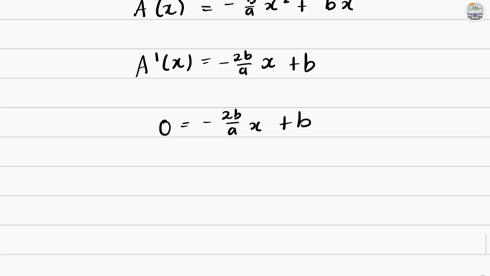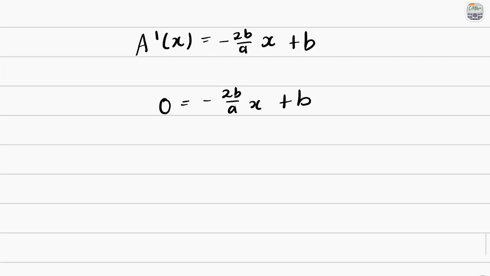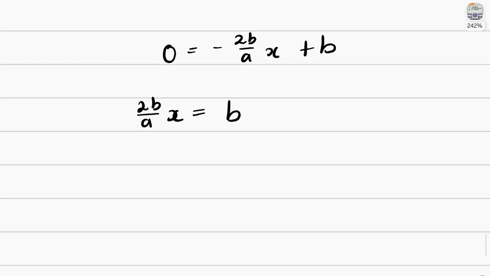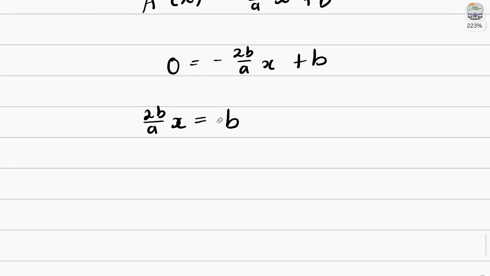And now we can finally solve for x, because right now we're just trying to find out the x value at which this will have a maximum area. So to find x, transpose the negative value. So that's positive 2b over a, x is equal to b. And then to get rid of this coefficient to solve for x, you can decide to divide both hand sides, but it's variables, it's not numbers.